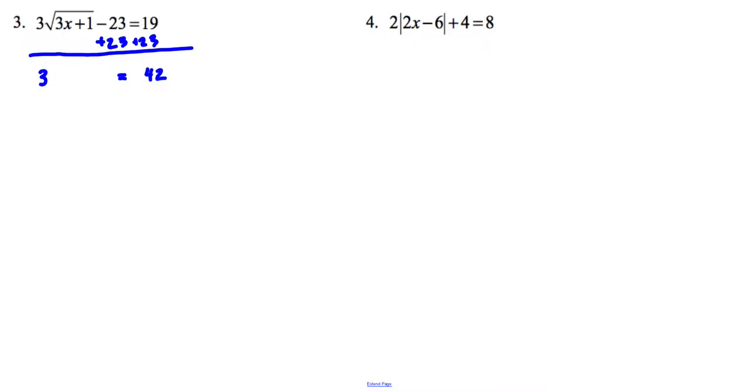And now we've got 3 times the square root of 3x plus 1. If we divide each side by 3, we'll know that the square root of 3x plus 1 is going to have to equal 14.